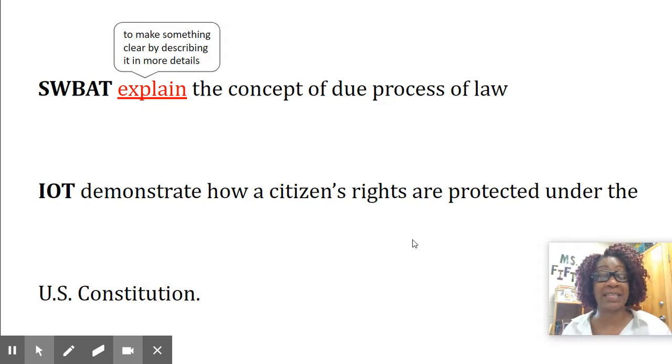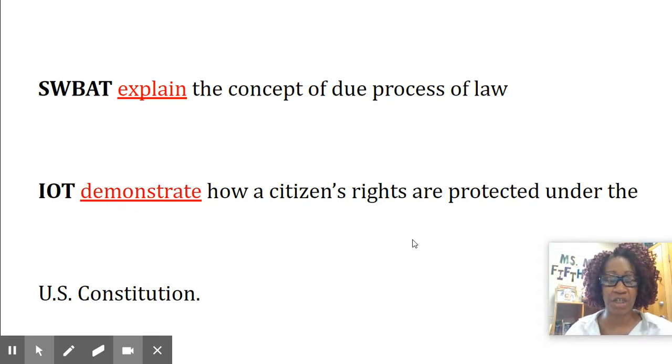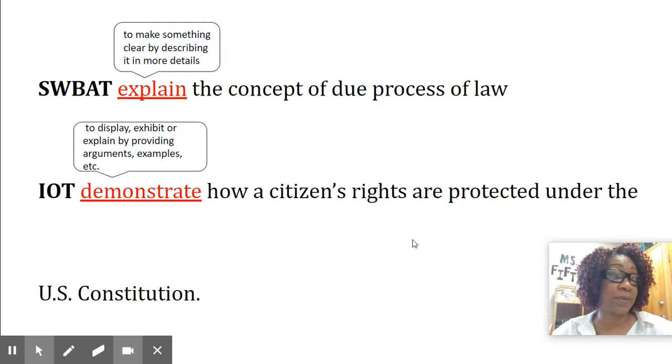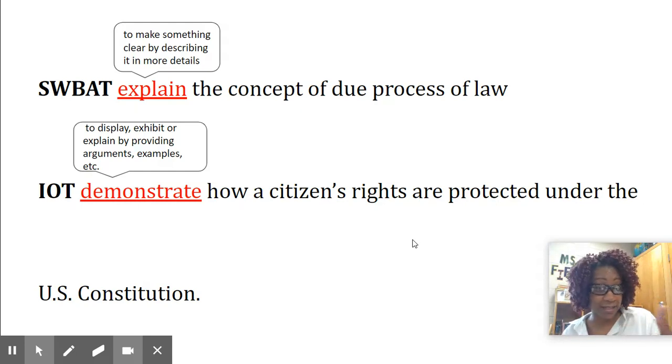So we're going to explain the concept of due process of law in order to demonstrate. What does it mean to demonstrate? To display, exhibit, or explain by providing arguments, examples, etc. So we want to demonstrate how citizens' rights, we have that citizens' rights again, are protected under the U.S. Constitution. There's that U.S. Constitution again.